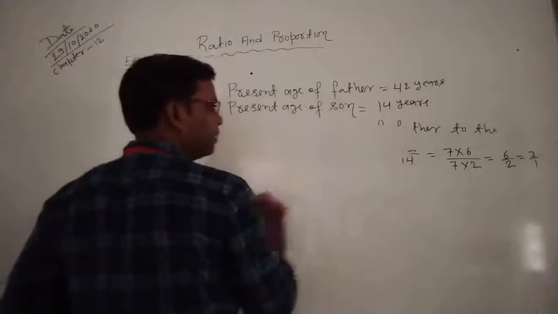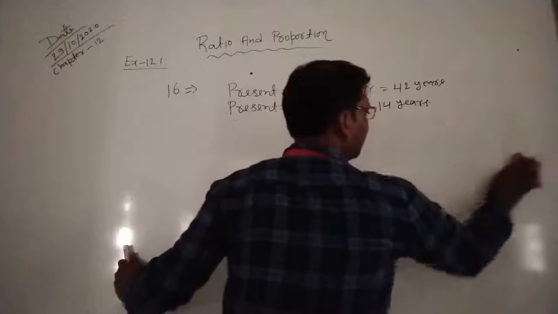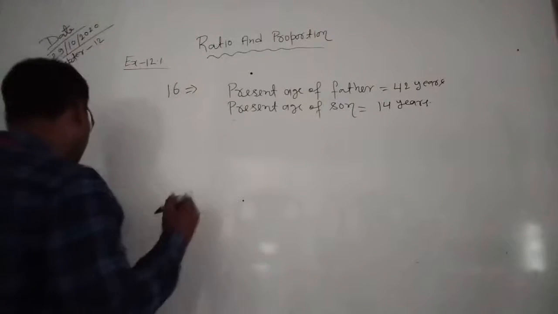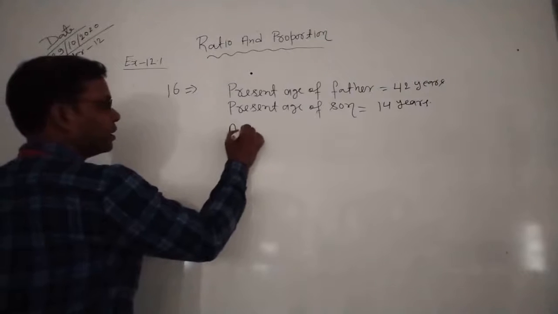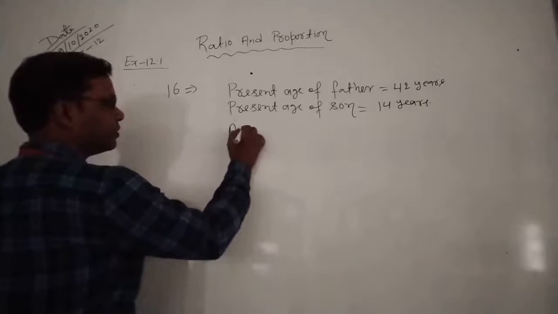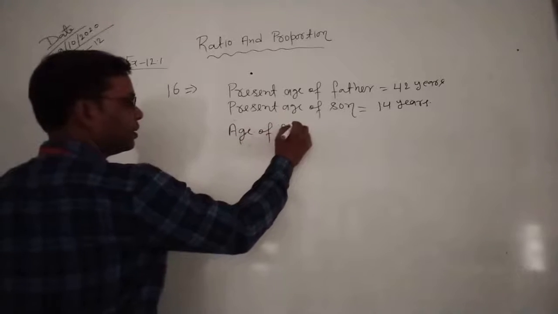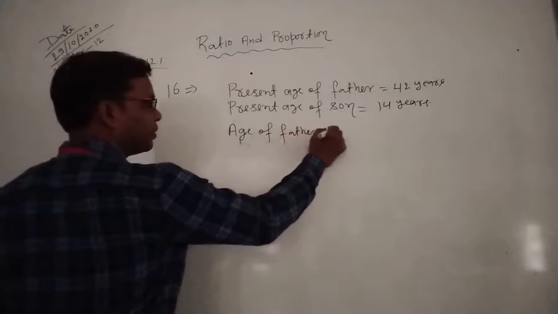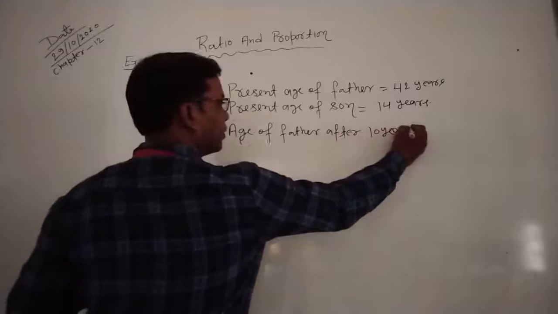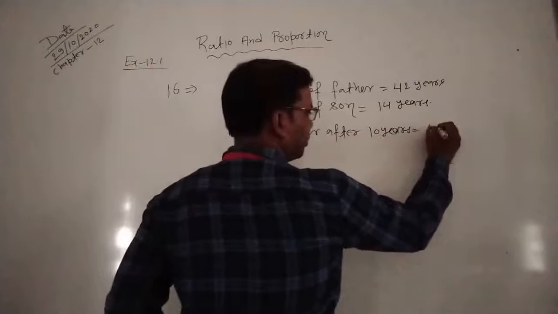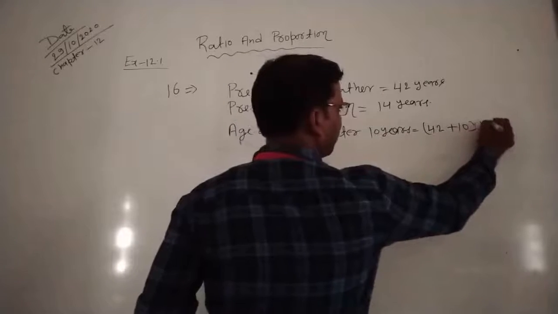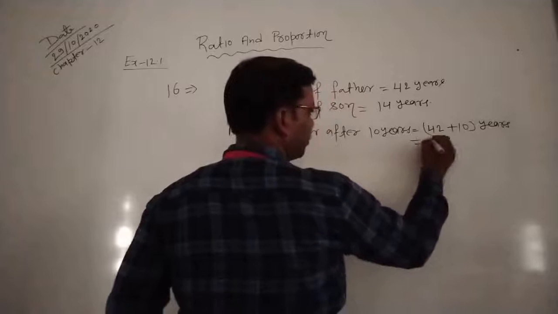It means that we add 10 years to the present age of father. So age of father after 10 years is equal to present age of father, 42, plus 10. This is equal to 52 years.